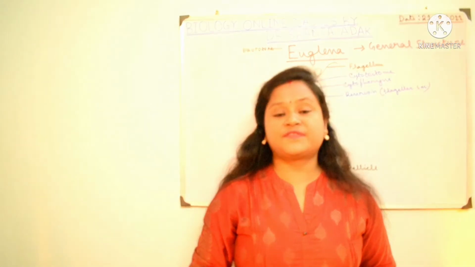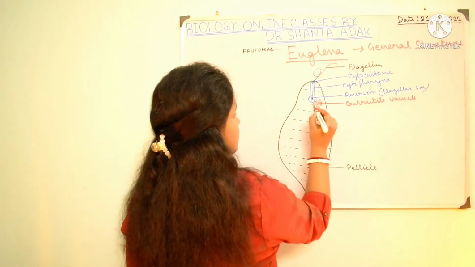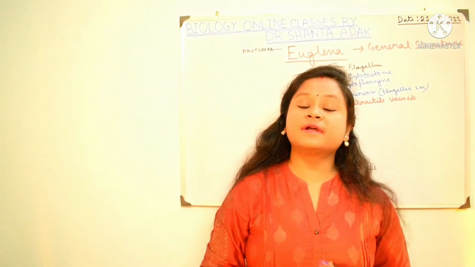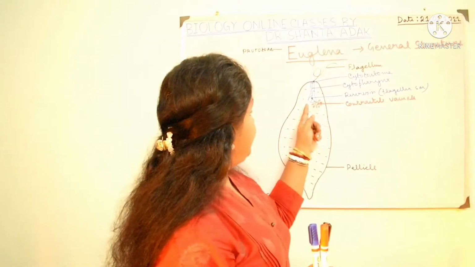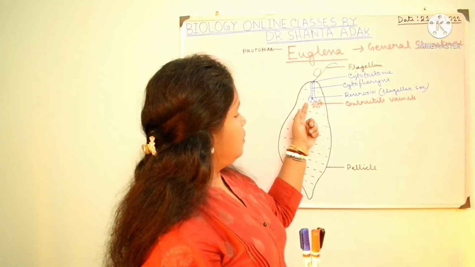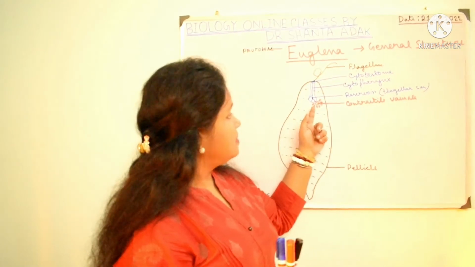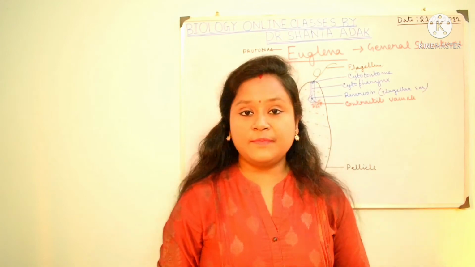Coming to the next point, contractile vacuole. A large contractile vacuole is situated near the base of the reservoir, surrounded by many small contractile vesicles.